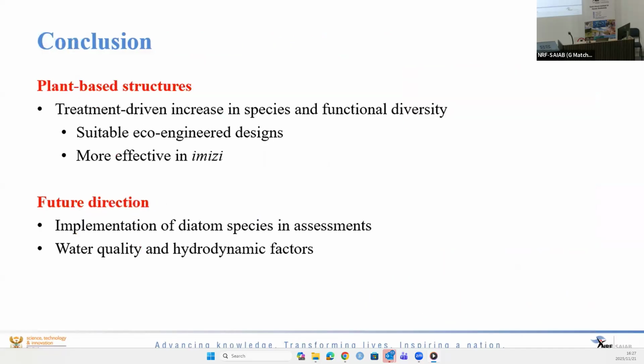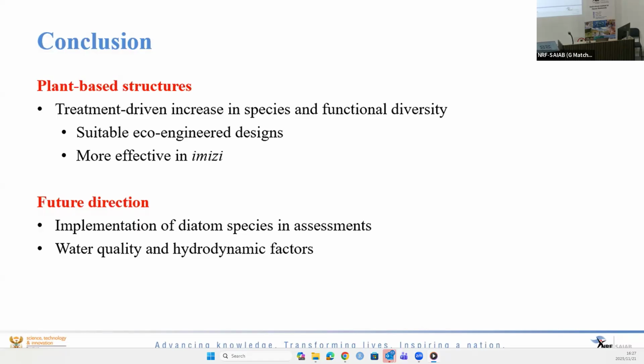So in conclusion, the increase in diversity and functional diversity metrics was treatment-driven, demonstrating that both the Emisi and the soil saver designs are suitable plant-based eco-engineered designs. However, the Emisi design was more effective as it yielded more diverse and functionally richer and even diatom genera, while the soil saver design was less effective.